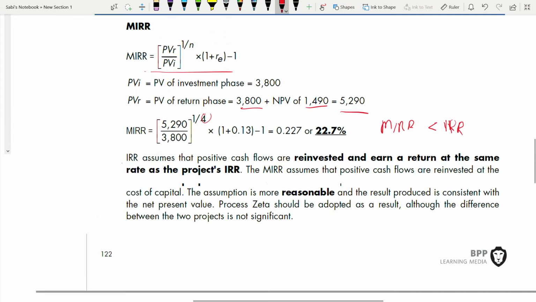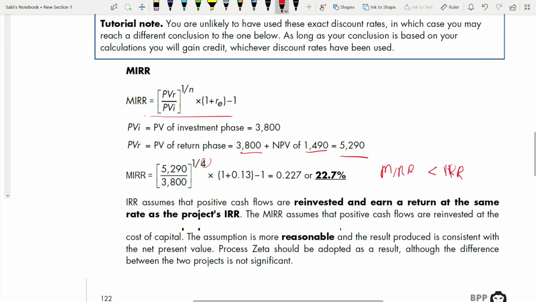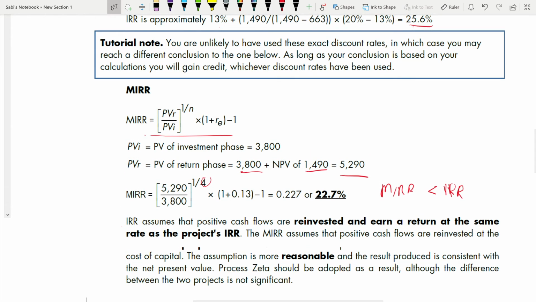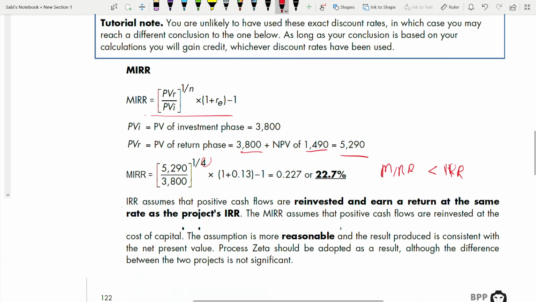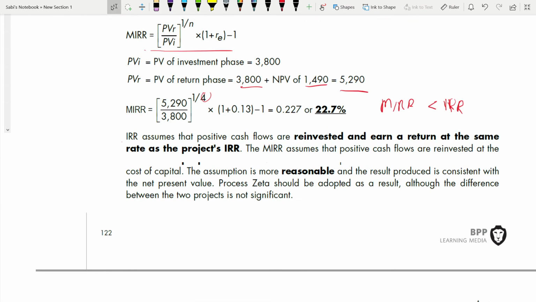Because if you check the discount rate also, MIRR is 22.7%, which is closer to 13% compared to this 25.6. 25.6 is even further away from that 13% discount rate, right? So the higher discount rate you use, you are going to get a negative net present value.